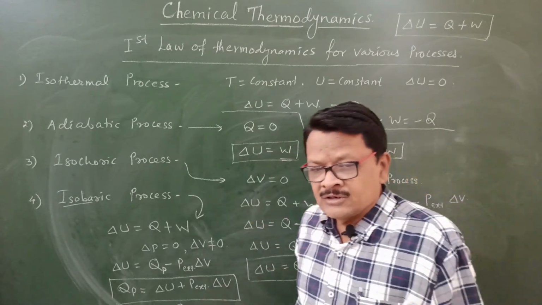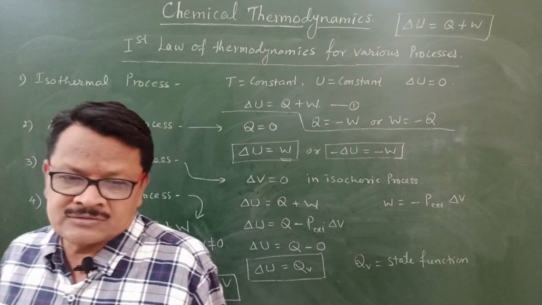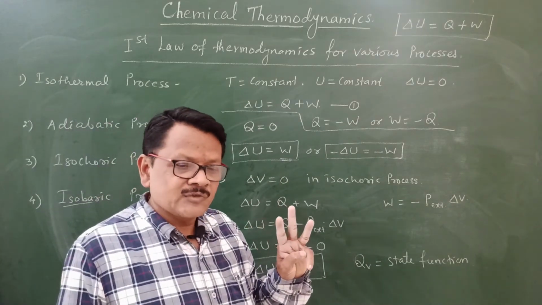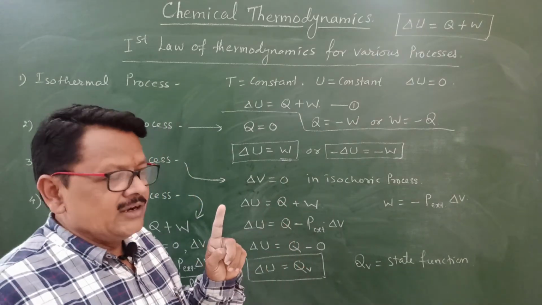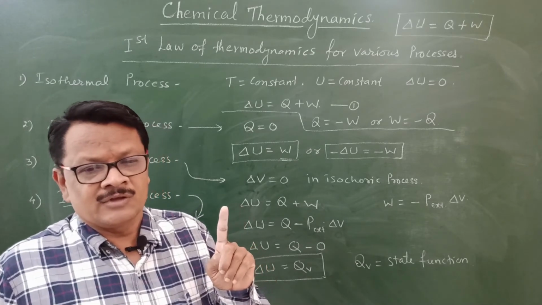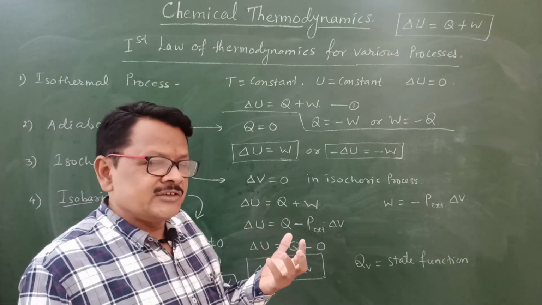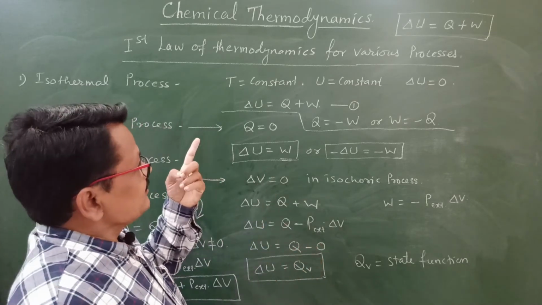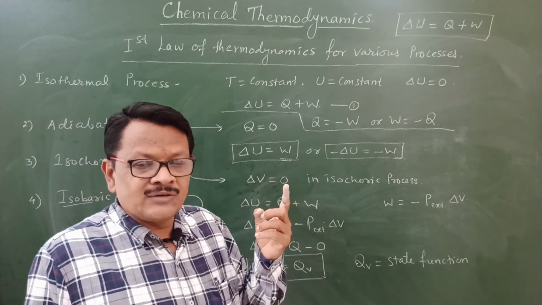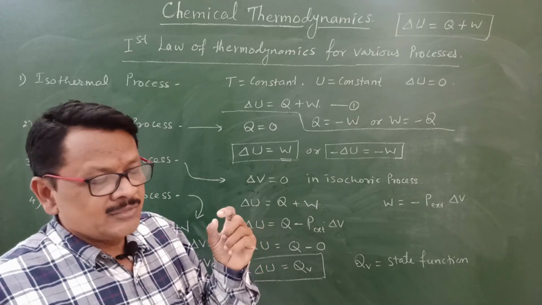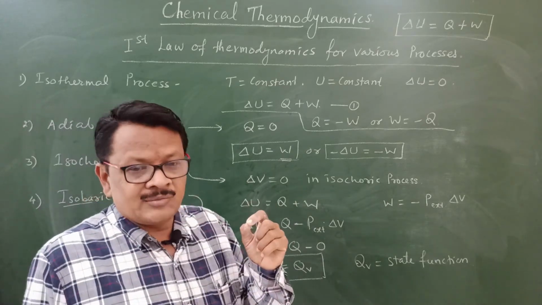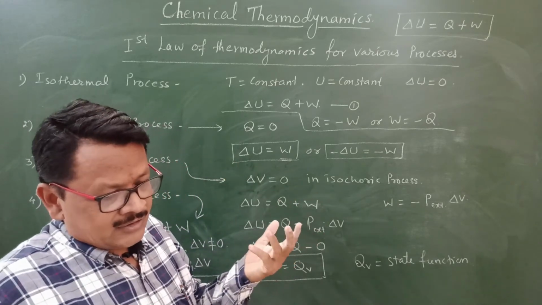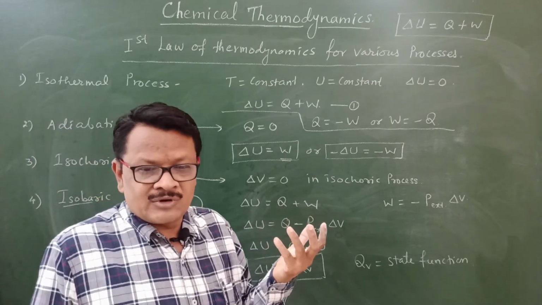So in today's period, we saw 3 points. Which are these 3 points? Internal energy, how internal energy change takes place in different ways. Then the first law of thermodynamics and its formulation, meaning the mathematical expression for the first law of thermodynamics. We saw 3 different statements of the first law of thermodynamics.